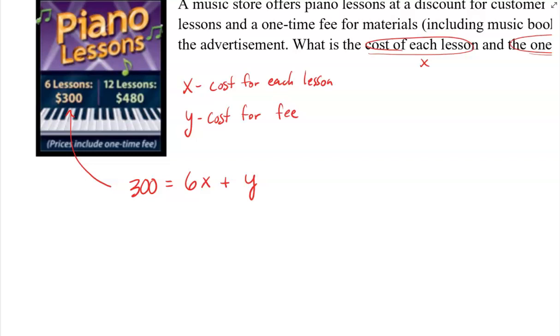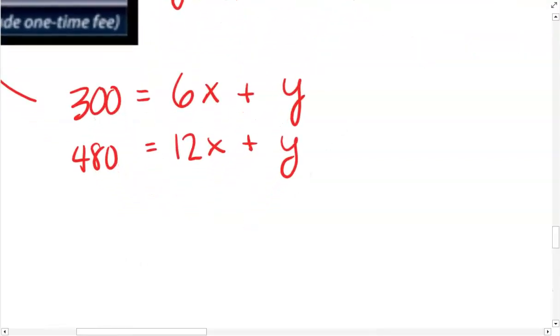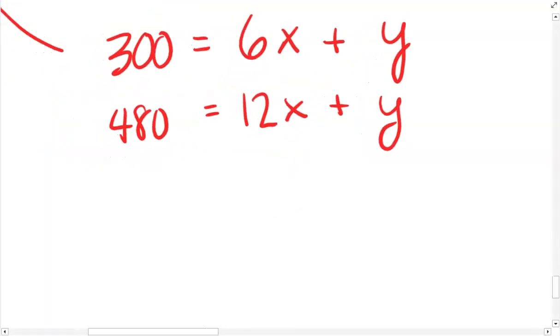Moreover, if I bought 12 lessons, the total cost would be $480, and $480 is the result of 12 times the cost of each lesson plus the one-time fee. So I think we've got a pretty good system of equations here that we can work with. I'm going to eliminate this bracket just to make the math a little bit easier.